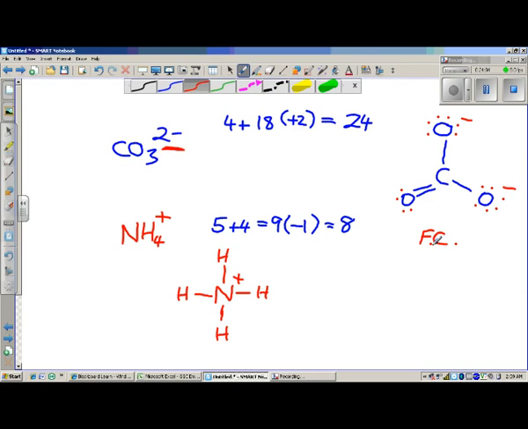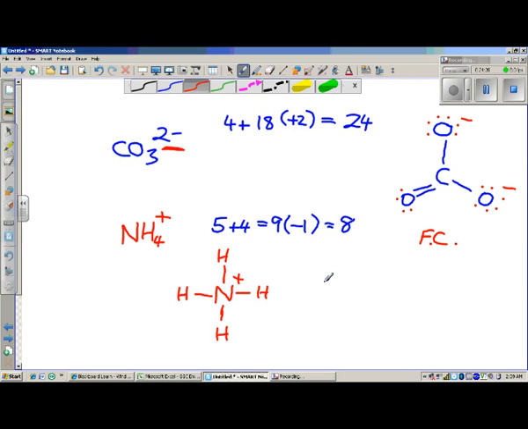Let's talk just a tiny little minute about formal charge. The ideal situation is where your formal charge, which is really just a representation of the stability of your atom, is 0. So there's a formula for this.